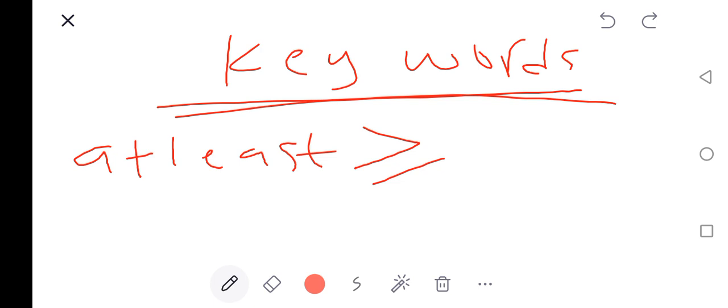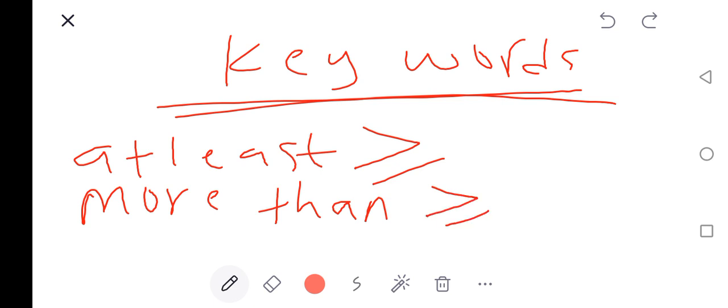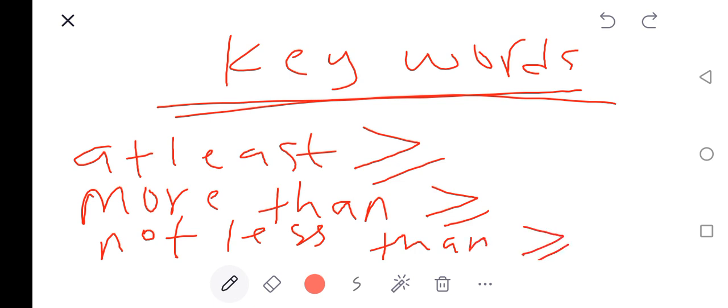I was on keywords. When you see the word more than, you use greater or equal to. When you see the word not less than, it means greater or equal to. All these are greater than.